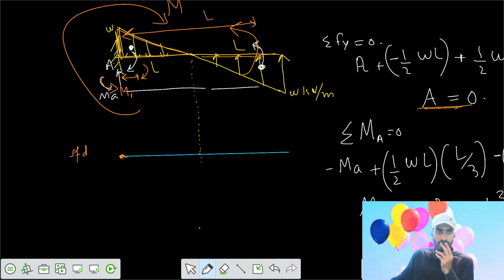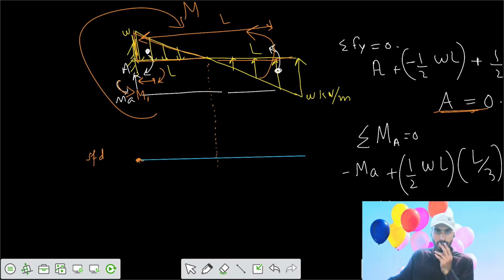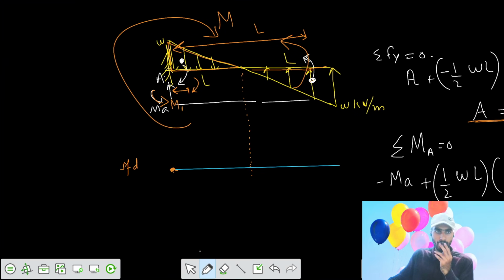We can write from the equation that dV by dx equals W. Then we have that V2 minus V1 equals the area of the loading diagram.